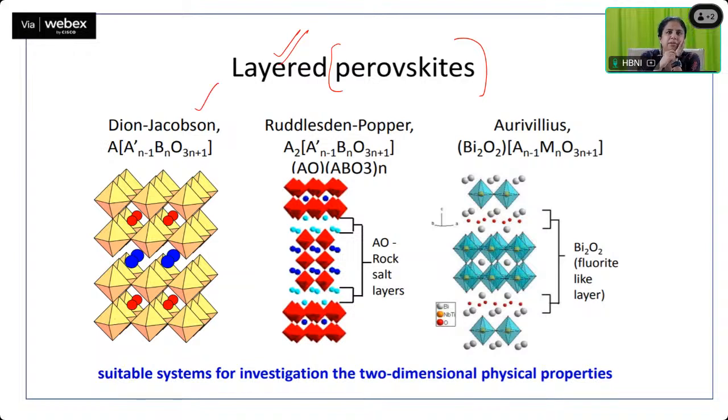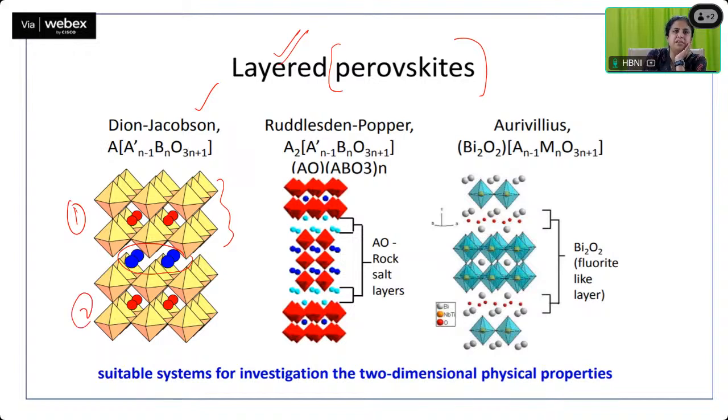One is called Dion-Jacobson. Now, what is Dion-Jacobson? Basically, you have layers of ABO3, BO6 polyhedra with the A ion in the center. This is layer 1, this is layer 2.